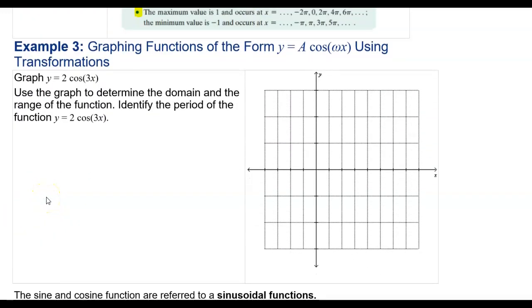Let's go ahead and do some examples. So we have y equals cosine x. And when I graph that, I know that I'm still going to have pi over 2, pi, 3 pi over 2, 2 pi, positive 1, negative 1.